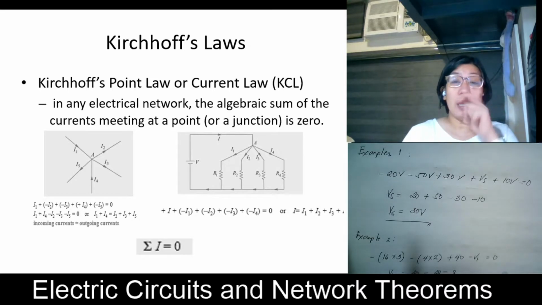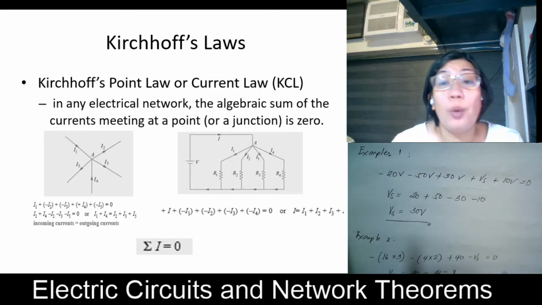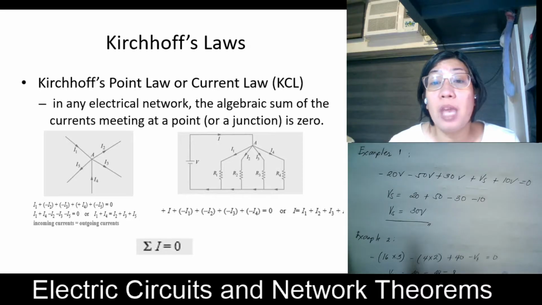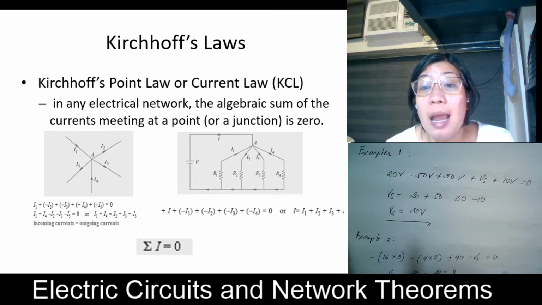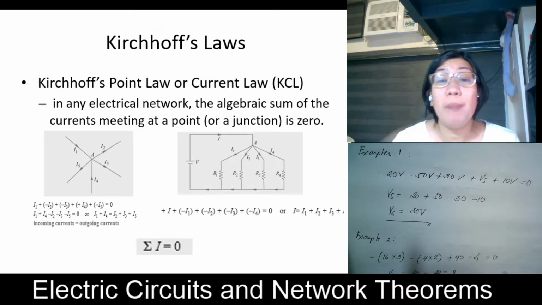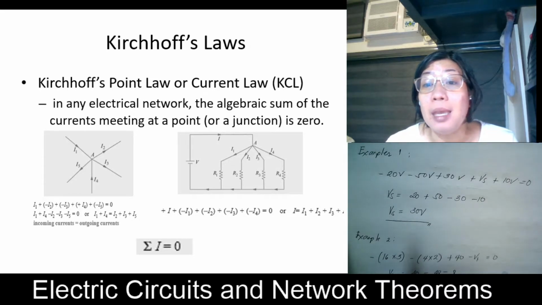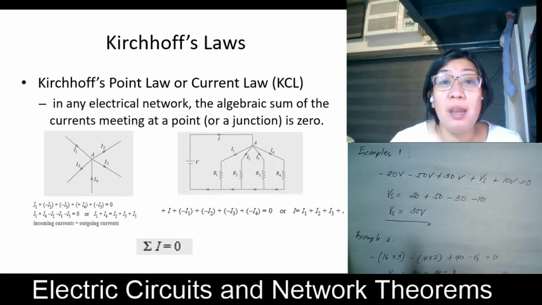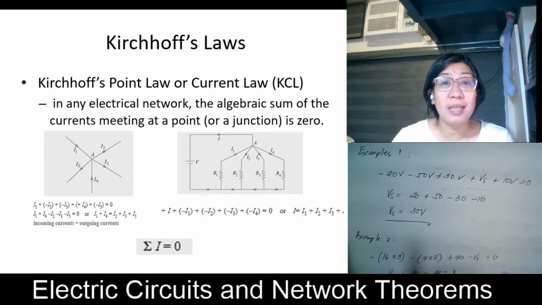Okay? So just like in this case, for example, considering our point A here, what are the currents entering point A? Currents entering point A are I1, okay? And I4. And by the direction of the current, we can see that I2, I3, and I5 are all leaving point A. So in equation now, we can say that we have I1 plus I2.